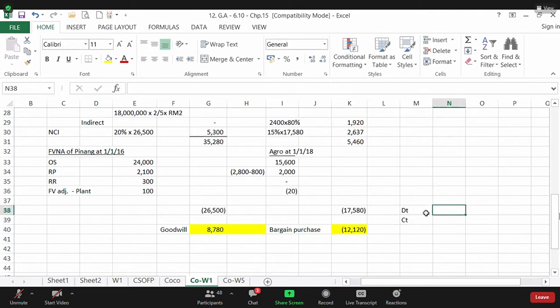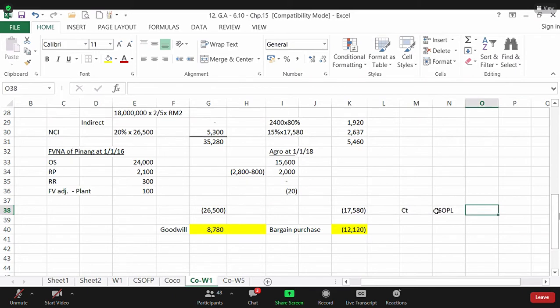This bargain purchase is the income. So in other words, if you go to the SOPL, you need to credit income. Okay, because it was income.